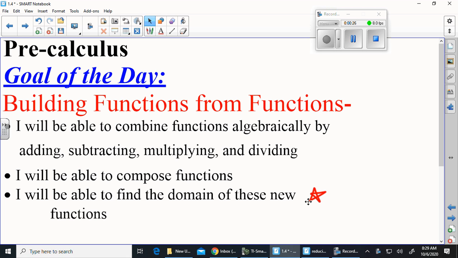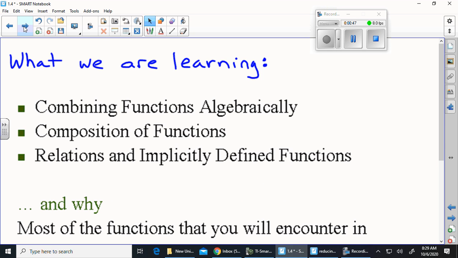We added, subtracted, multiplied, divided functions. Composing functions is f of g of x, g of f of x. The new thing is being able to find the domain of these functions. That's the part that really is new.